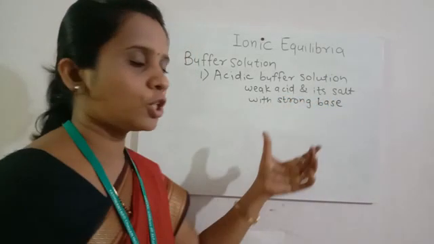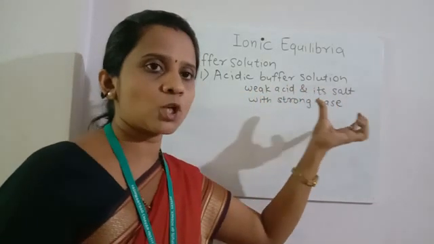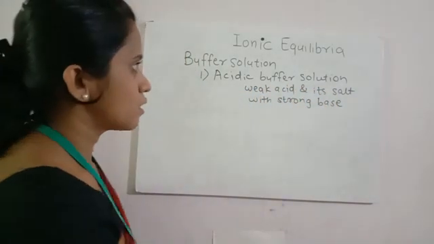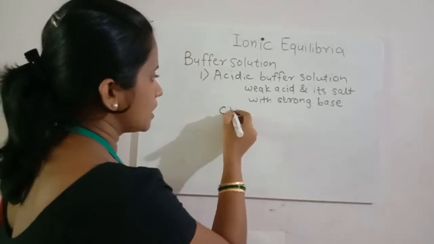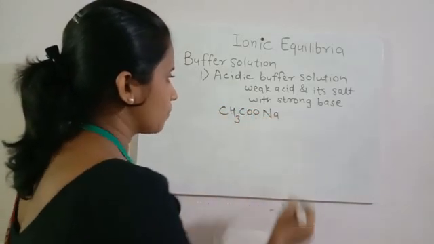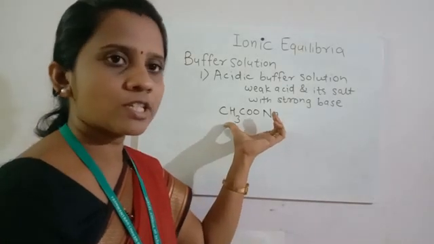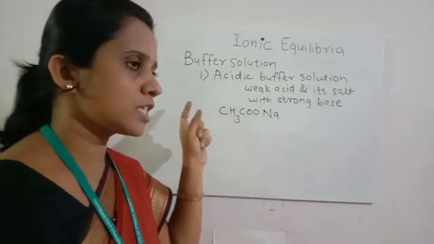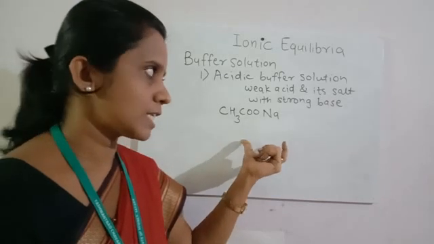It is made up of what? Weak acid and its salt with strong base. So we can take example of CH3COONa. NaOH is strong base and CH3COOH is what? Weak acid.